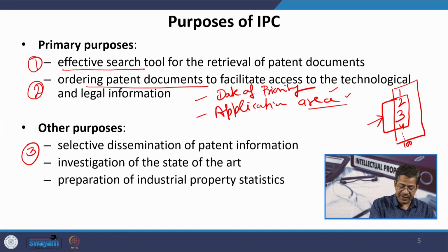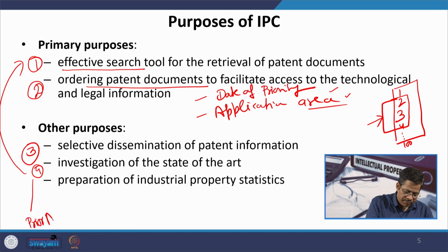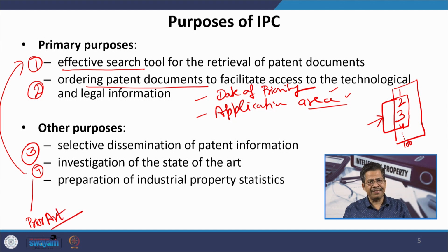Investigation of the state of the art, which we have probably discussed in the form of number 1 also, that is prior art. So, you can use this classification system for developing a good prior art search for your new patents.